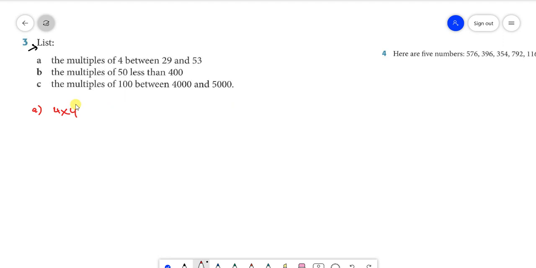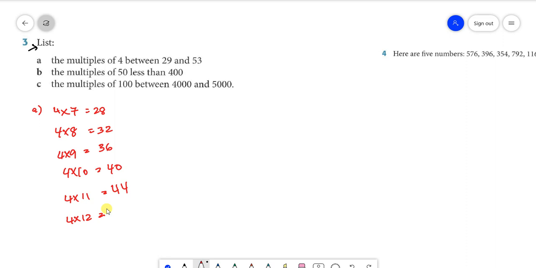Sorry, 4 7s are 28. 4 8s are 32. 4 9s are 36. 4 10s are 40. 4 times 11 is equal to 44. 4 times 12 is equal to 48. 4 times 13 goes to 52.